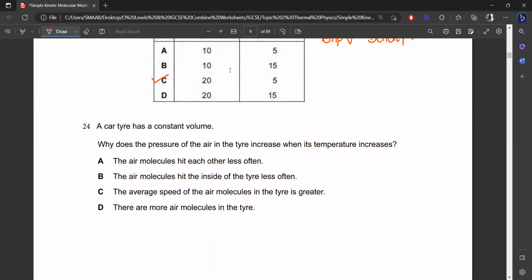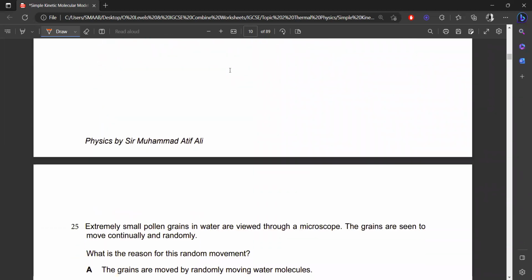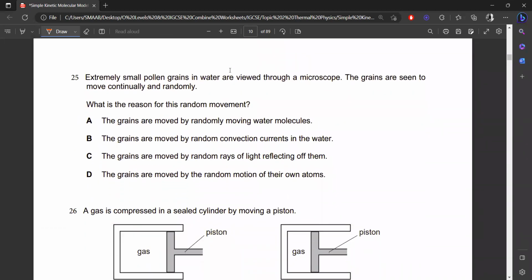Question 24. C. The average speed of the air molecules in the tire is greater. Yes, because temperature increases, so speed will also increase.